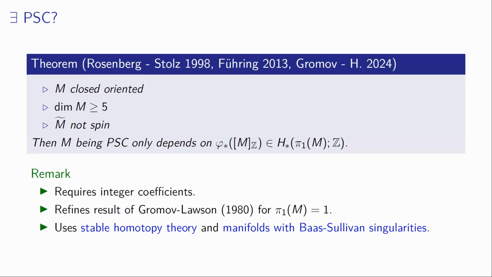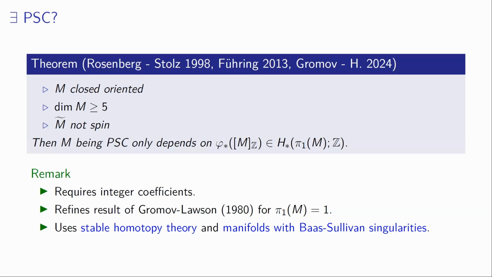So it's not just enlargeability or T-enlargeability, which may appear a little artificial, but actually the existence of positive scalar curvature metrics is controlled by this class alone, at least if the universal covering of M is not spin. So this means we are not in the left bubble we saw on the previous slide.